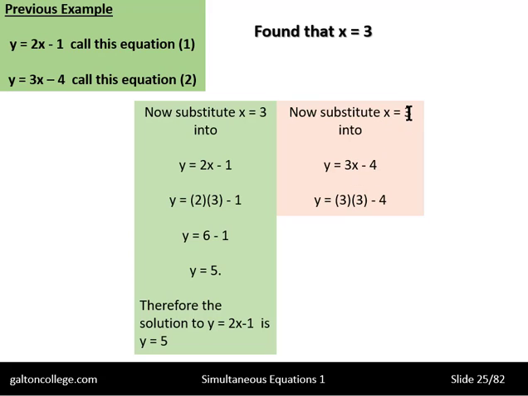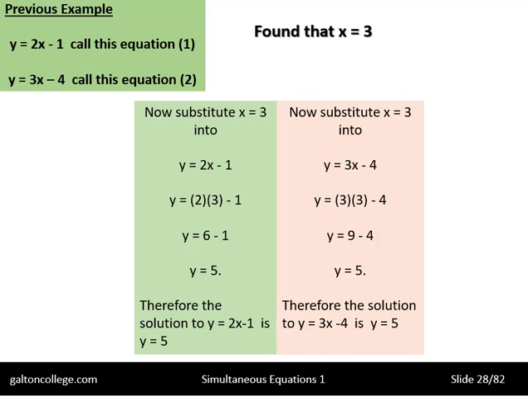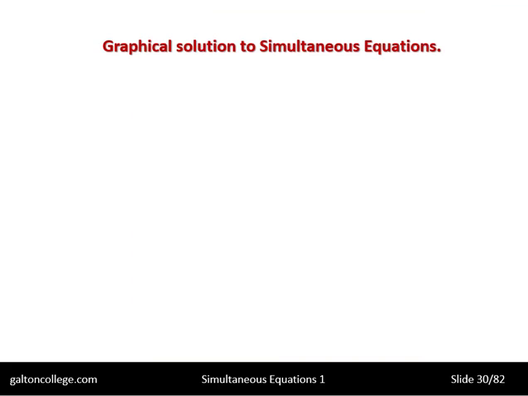We've got x equals 3, so 3 3's are 9, 9 minus 4, which is equal to 5, like I said before. So the solution to y equals 3x minus 4 is y equals 5, and there it is.